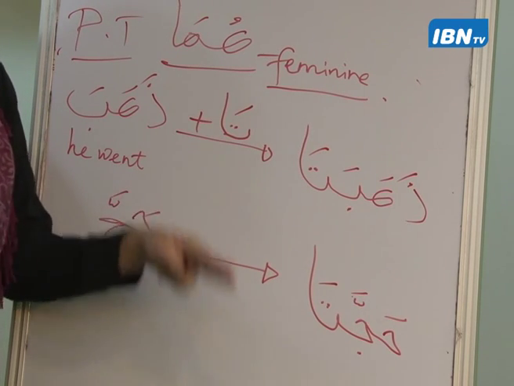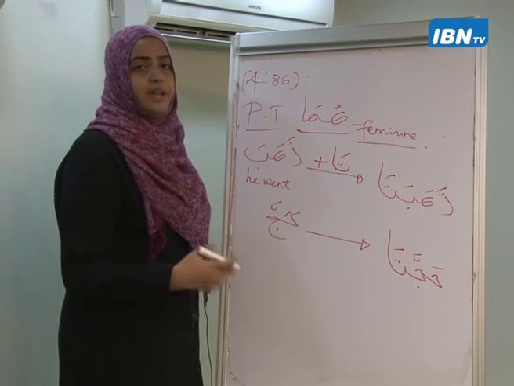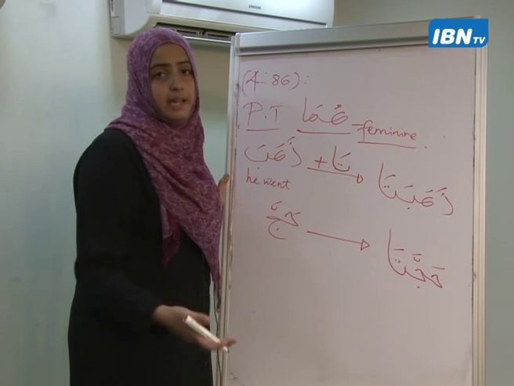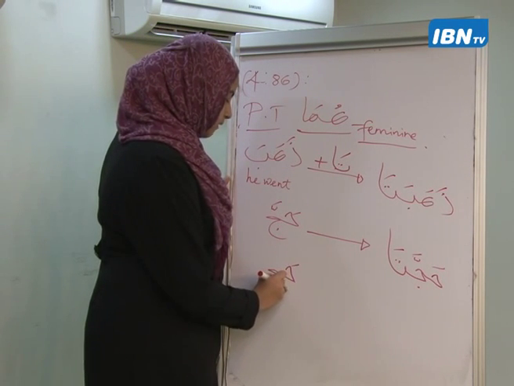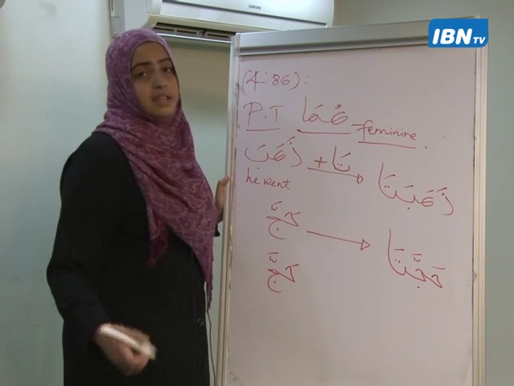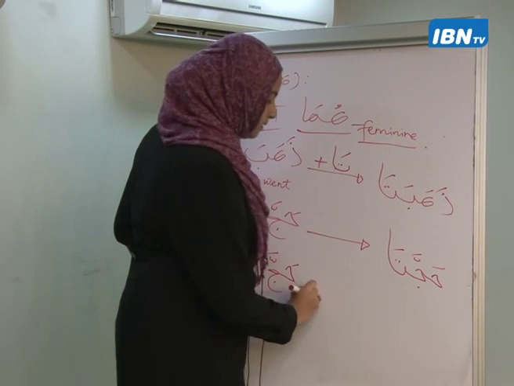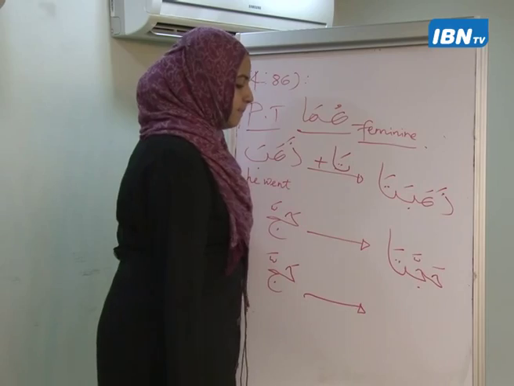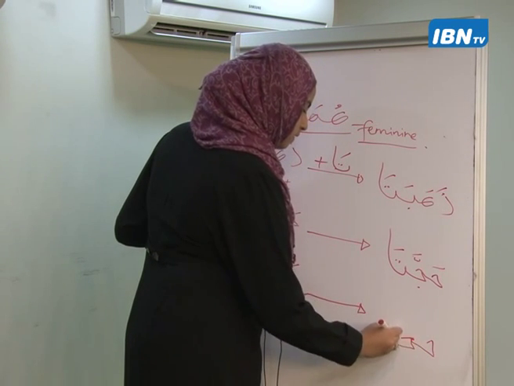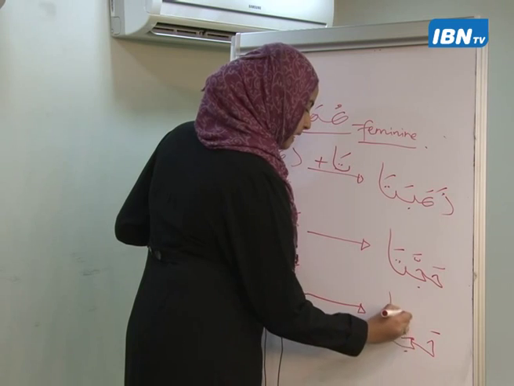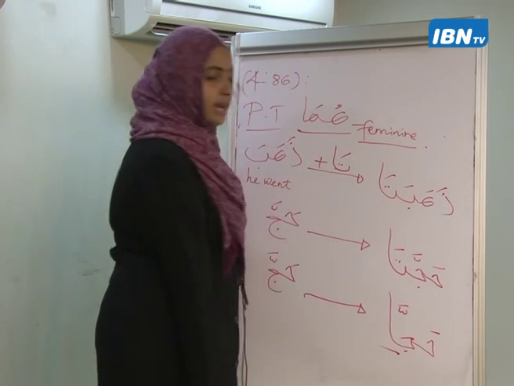Dhahabata, they two female went, right? What if I want to say they two male performed hajj? So if I have hajja and now I want to say they two male performed hajj, so simple, I'll simply say hajja. I've simply put an alif.